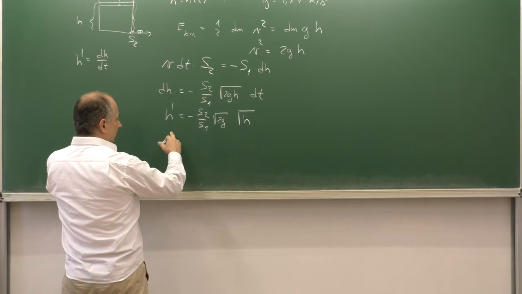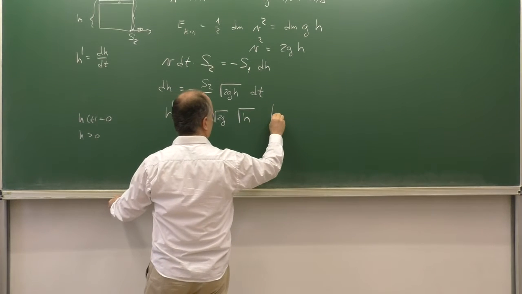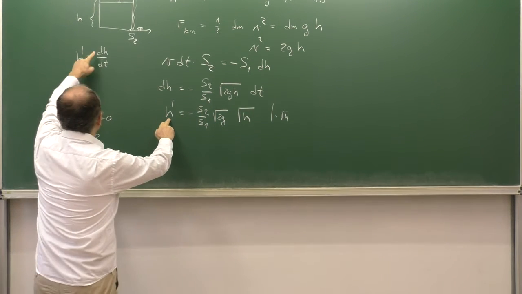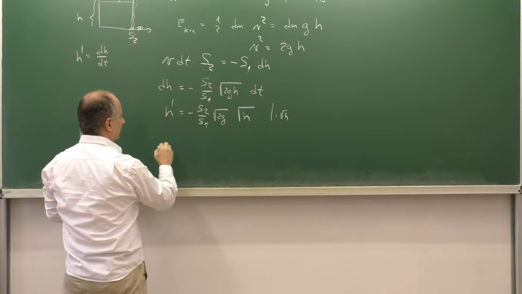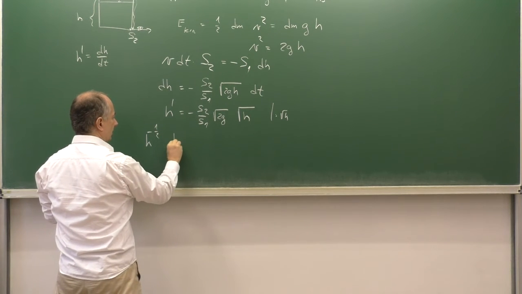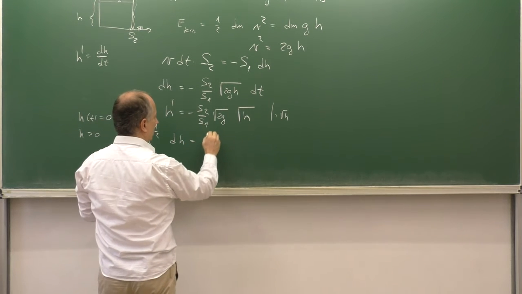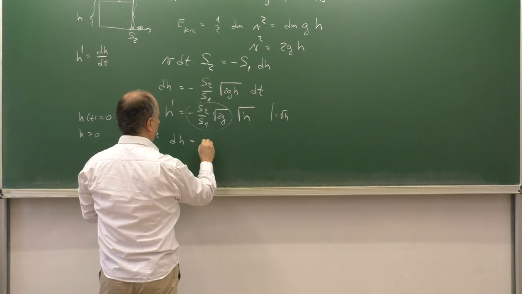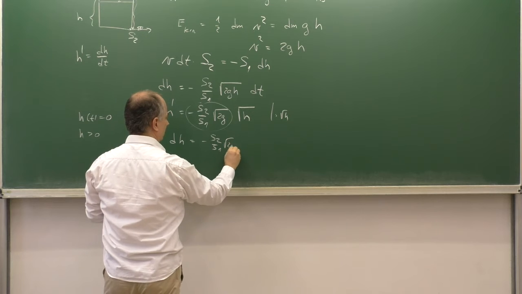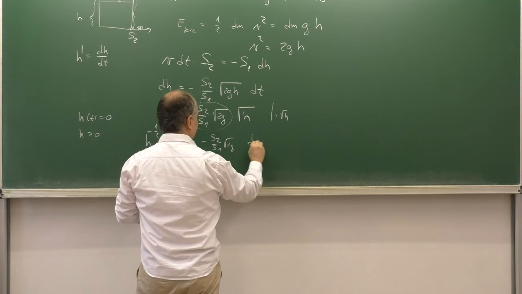So if we divide by square root of h, and if we go back to dh dt and multiply by dt, we have h to minus 1/2 dh is, and this is some constant, minus S2 divided by S1 square root of 2g dt.